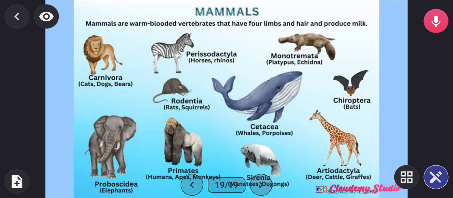And we have the mammals. We'll be using the biology of Rattus, which is rats, for the mammals. And mammals are warm-blooded animals with four limbs, and they have the ability to produce milk. They breastfeed their young ones. And we have examples like Carnivora, Perissodactyla, Monotremata, Rodentia, Proboscidea, Primates, Sirenia, Artiodactyla, Chiroptera, as well as Cetacea.